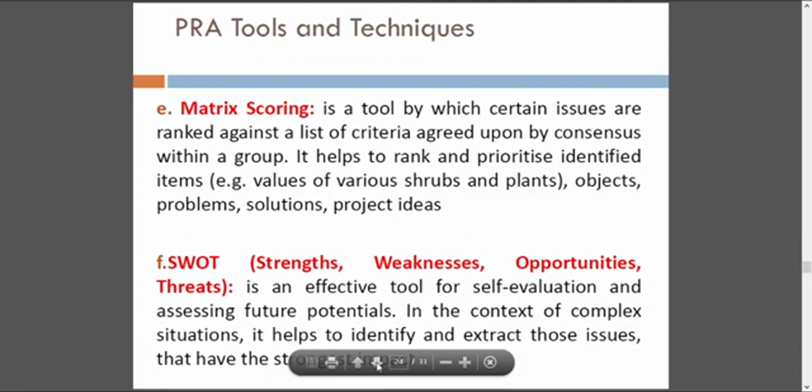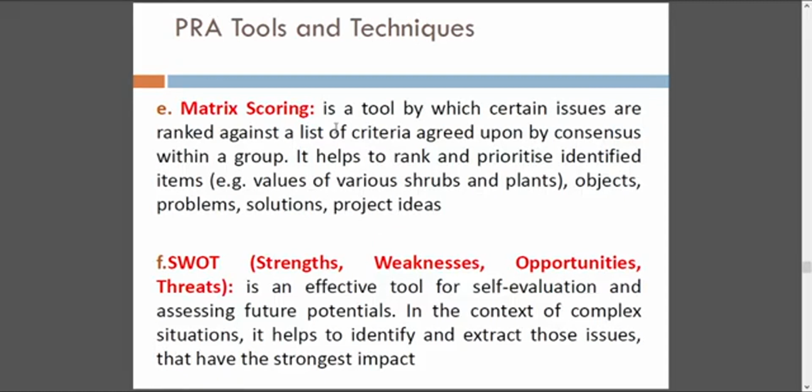Okay, we also have matrix scoring, and in matrix scoring we have issues ranked against a list of criteria agreed upon by consensus within the group. Okay, so it helps to rank and prioritize identified items. For example, we are saying values of various shrubs and plants, or objects, or problems, or solutions, or project ideas.